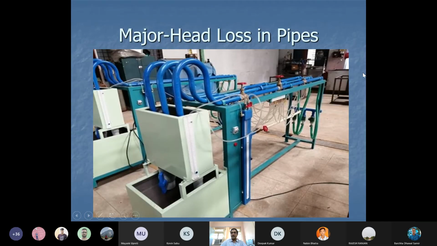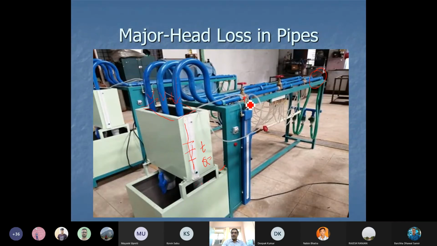We have a supply of water from this side. We have a pump from a tank here, supplying water individually. It's a collection tank from the individual pipes of different diameters. We can measure, using a stilling vessel arrangement, the height of water in this fixed-dimension tank collected in a particular time t to find the discharge per unit time.